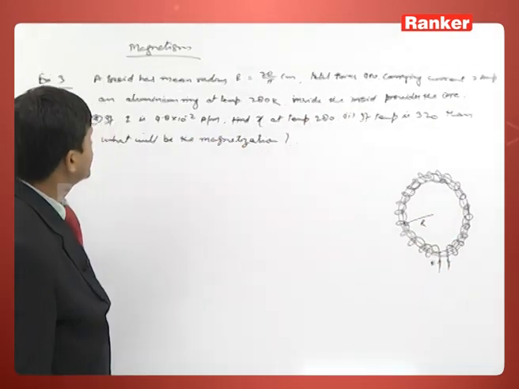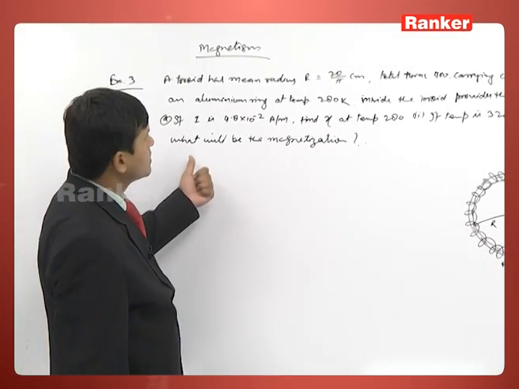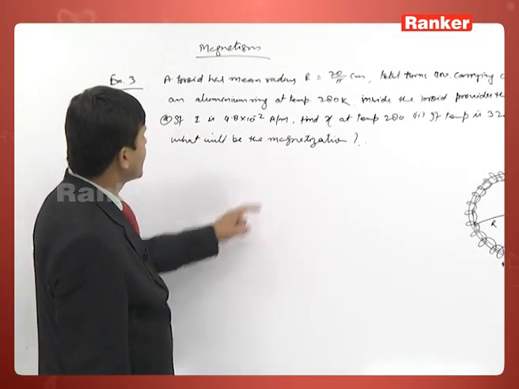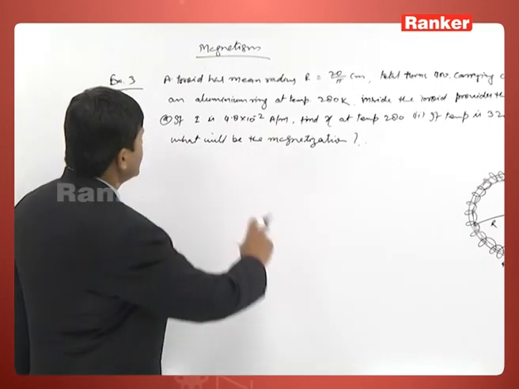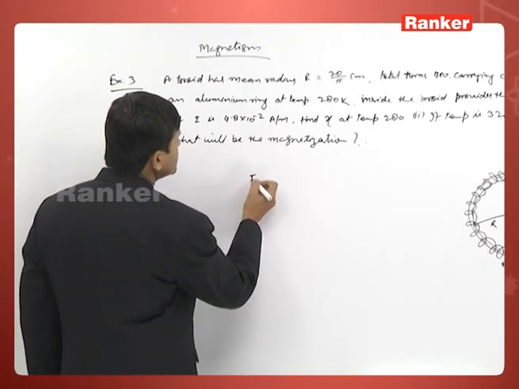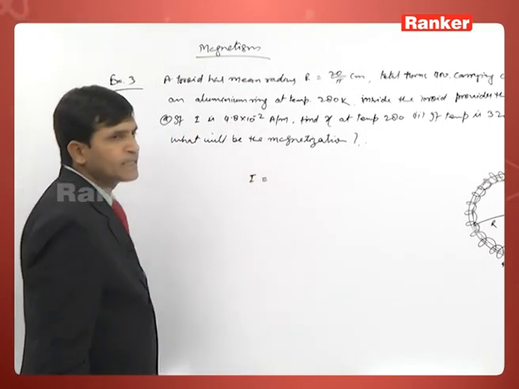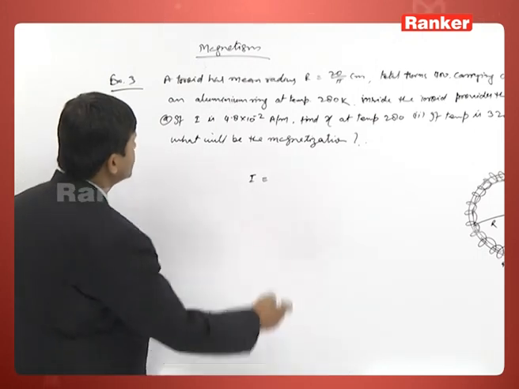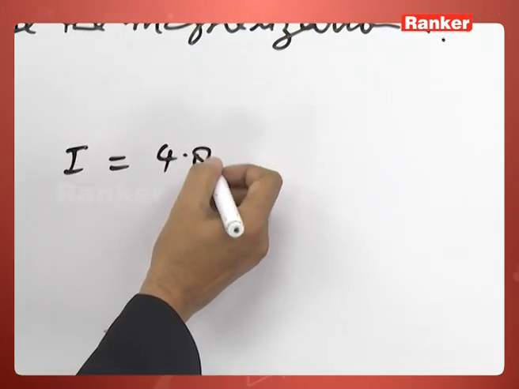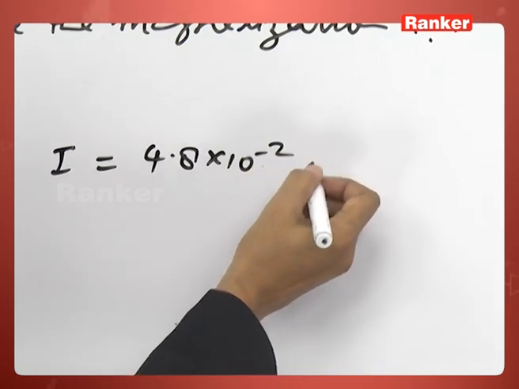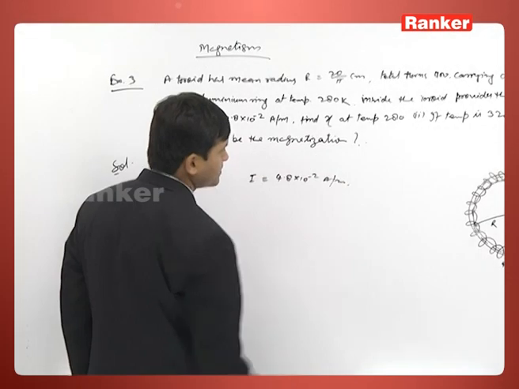So first, they are asking susceptibility. The intensity of magnetization is given here as 4.8 into 10 power minus 2 ampere per meter.